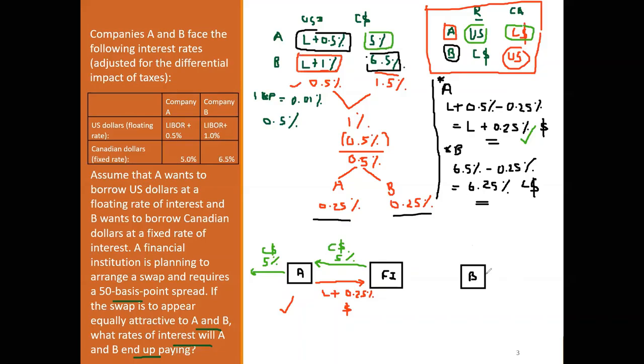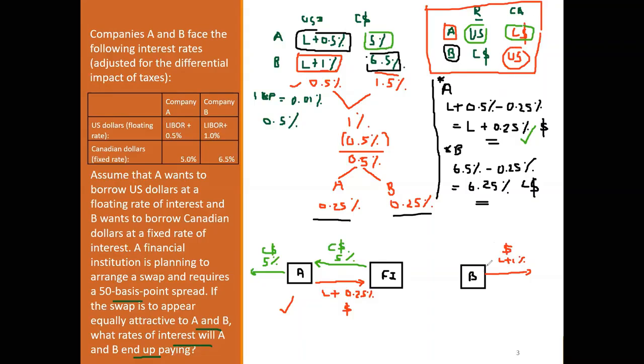So B will pay LIBOR plus 1% to the outside party, and that cost will be in dollars, because B would borrow in US dollars.